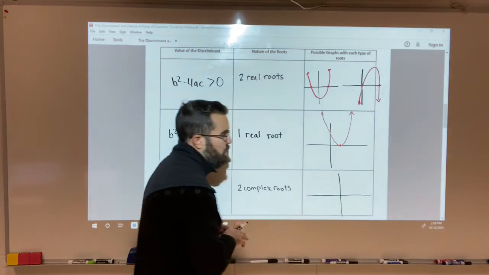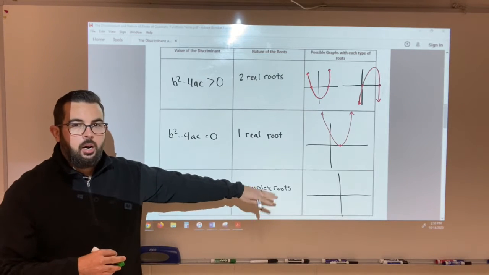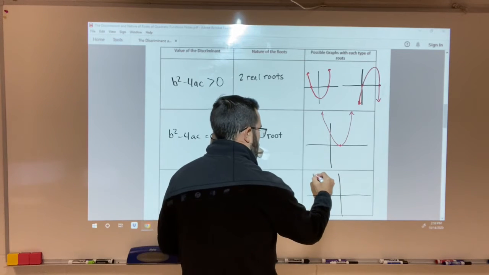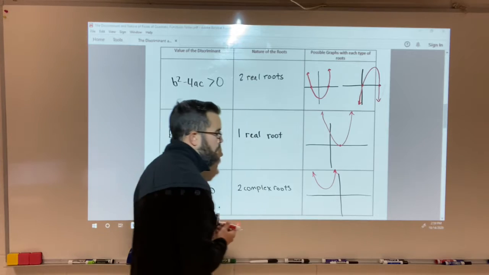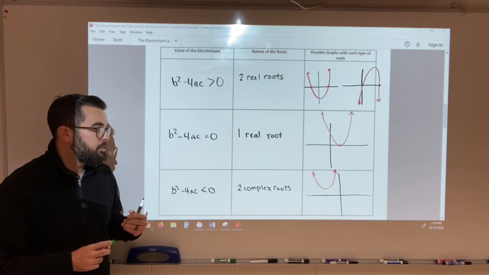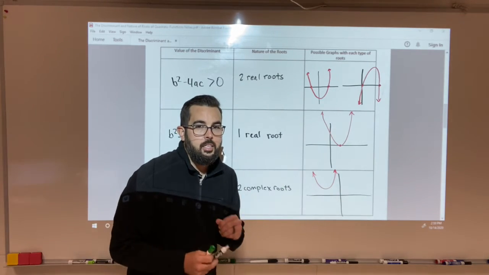Well, if the roots are complex, that means that they're not going to show up on our xy plane. So what's going to happen with the graph? Well, our graph might look like this, where it doesn't touch the x-axis, or it might be facing down over here and not touch the x-axis.